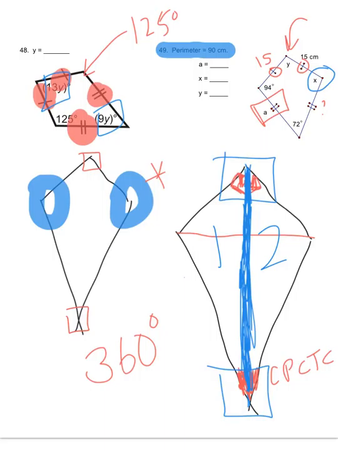So once you have a 90 perimeter in mind, you can simply add up all of the sides: A plus 15 plus 15, and so on, equals 90, and do your math work to come up with your answer for that one.